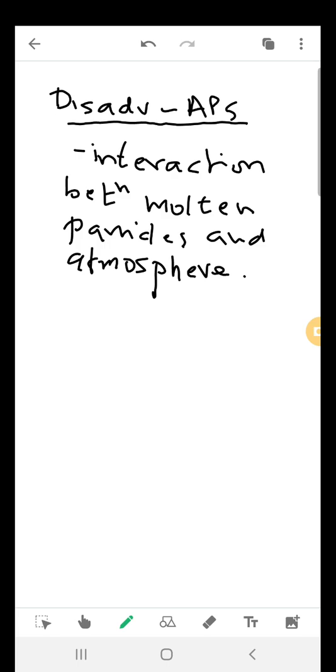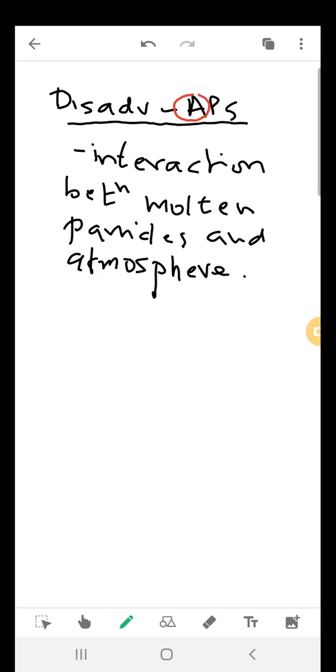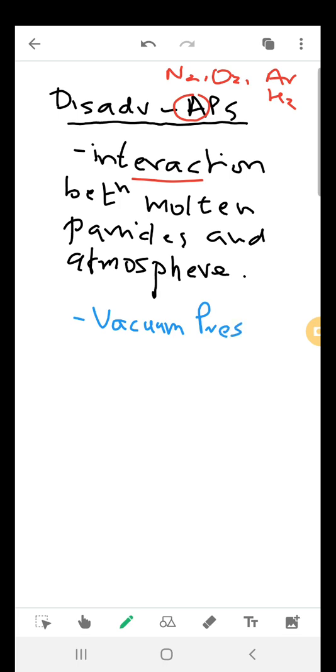So that is why we may switch to, instead of this atmospheric pressure plasma, where we are using nitrogen, oxygen mainly, and a little bit of argon and hydrogen also. Due to this interaction that might take place, we need to shift to something called vacuum pressure plasma. So this interaction can be minimized in vacuum pressure plasma.